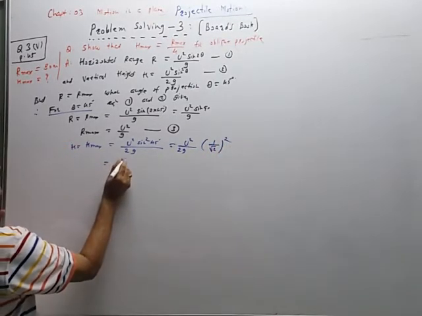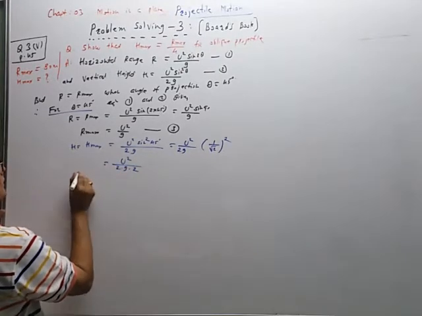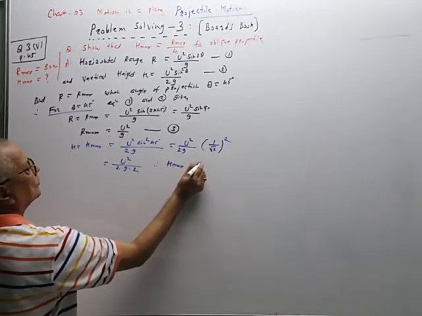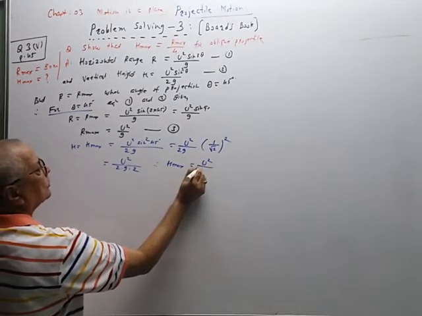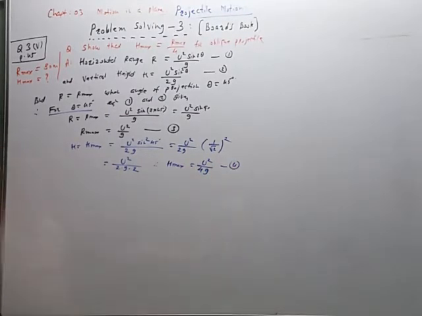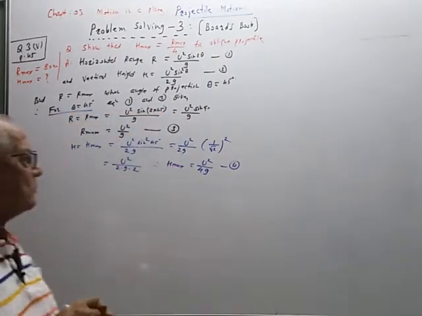So this is equal to u square upon 2 times g multiplied by 2, and therefore h max is equal to u square upon 4 times g. This is equation 4.